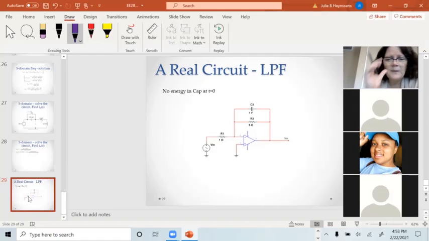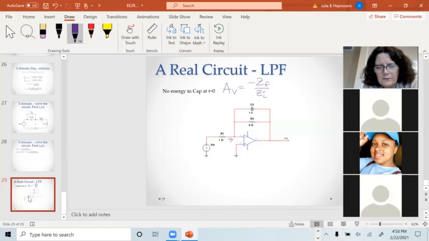Okay, but this makes the numbers a little bit easier. So the first thing is that we know this is an inverting op amp because the input is going into the inverting terminal. For an inverting op amp, AV is minus the feedback impedance over the input impedance.